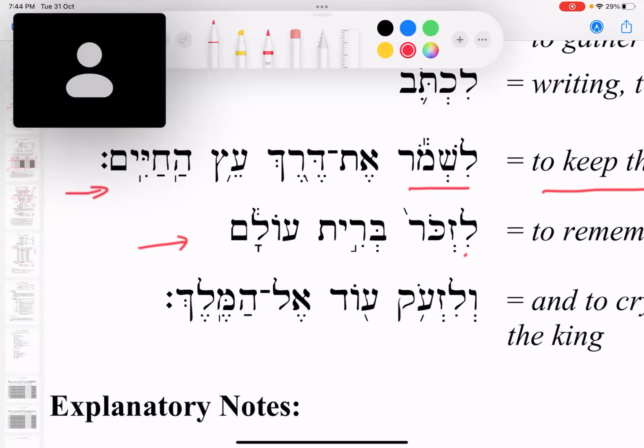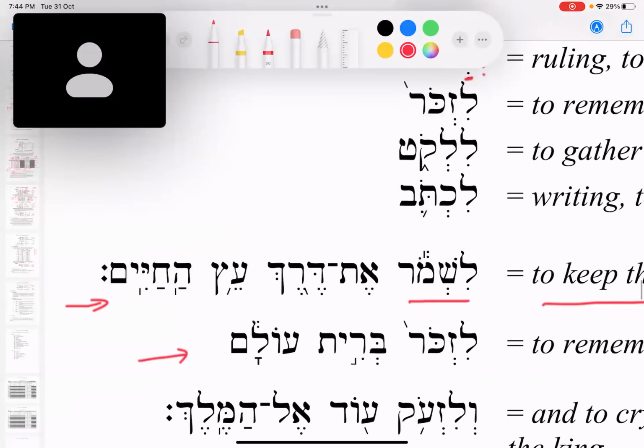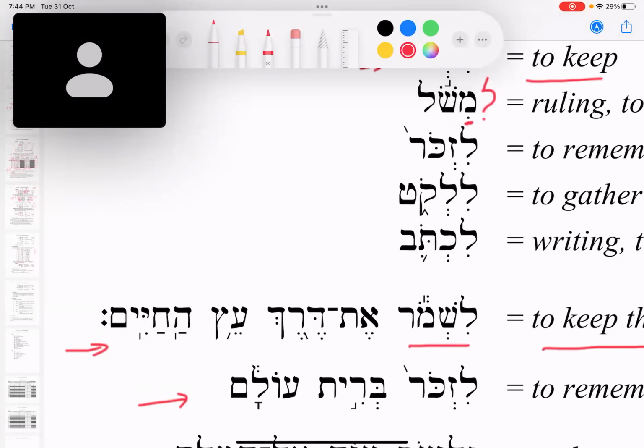Here, in this case, it is Li because two Shivas cannot begin a syllable, therefore it is heightened to Hirek. Got it? So everywhere here: Lishmore, Liskor, Liz Oak, Likto, Lilkoth, Limshol.